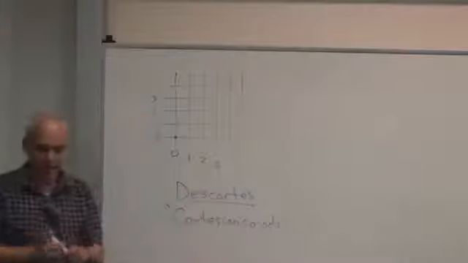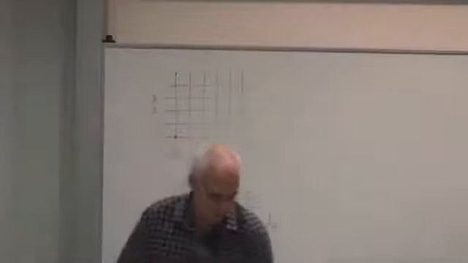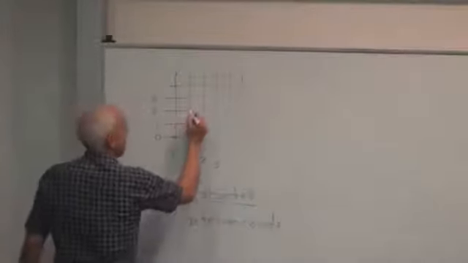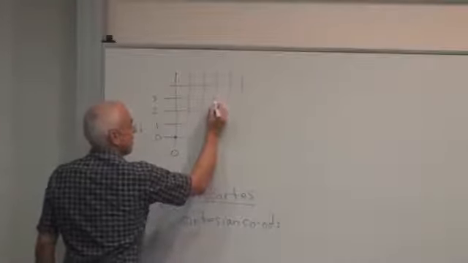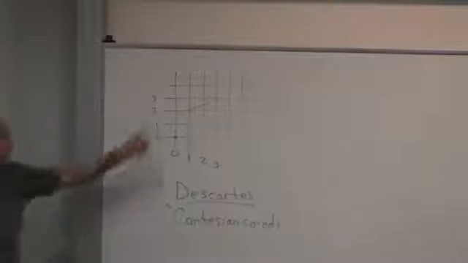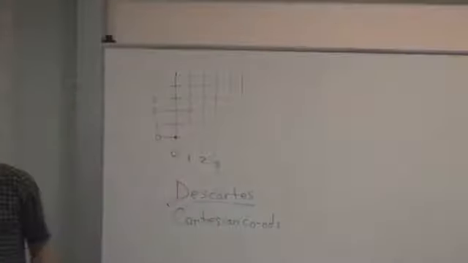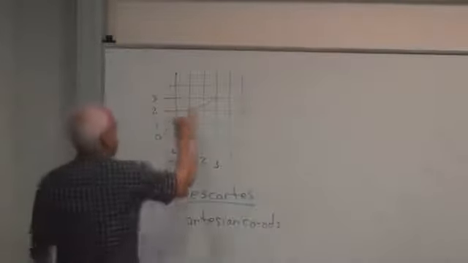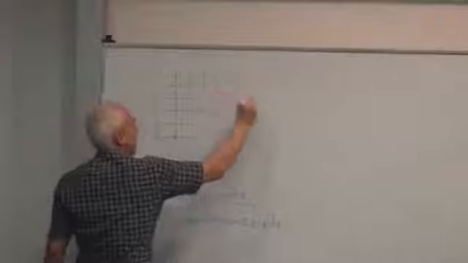Okay, so suppose you have a little length. Let me do a rather simple-minded one. Let's just talk about that little segment there, over 2 and up 1. Now, what's the length of AB?